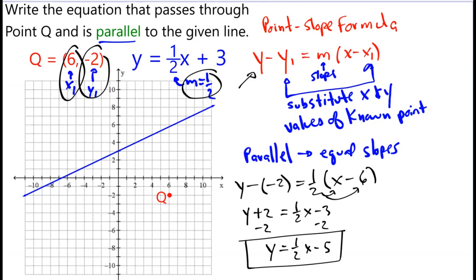So if we wanted to plot this line, we would start at negative 5. Here we go, negative 5, and the slope says go up 1 and over 2. So go up 1 over 2, put a point, up 1 over 2, put a point, up 1 over 2, put a point. We see we landed right through Q, and we can say that our linear equation passes through Q. Let me do a better job with that linear equation for that graph.